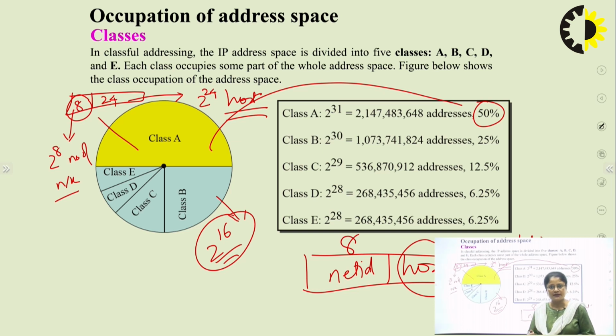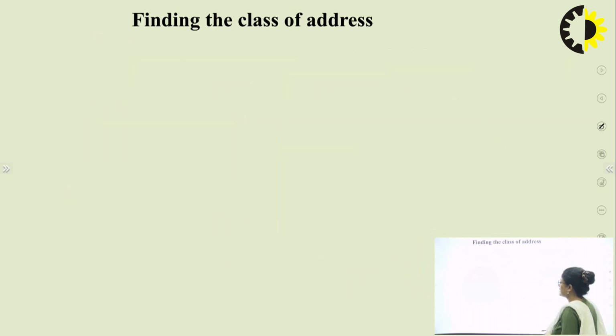In that case, we are wasting the remaining bits which are not needed, because classful addressing is very rigid. You can only choose one among A, B, C. So this leads to wastage of the addresses that are given to us, and most of the addresses may not be useful. To overcome this drawback, we come to the concept of classless addressing.